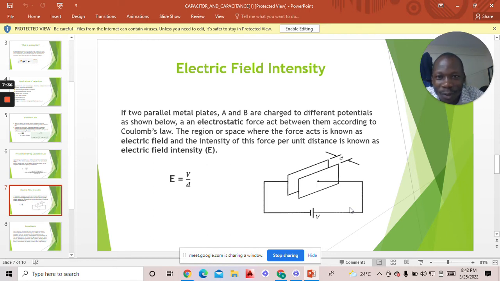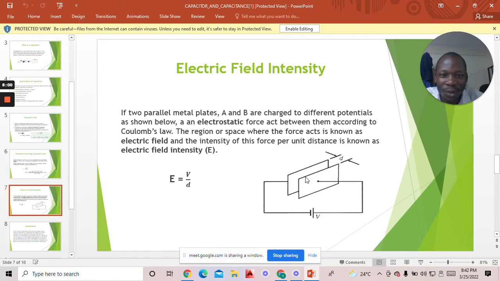So let's look at electric field intensity. If two parallel metal plates, let's say A and B, are charged to different potentials, as shown in this diagram, an electrostatic force acts between them according to Coulomb's law, as we already saw.